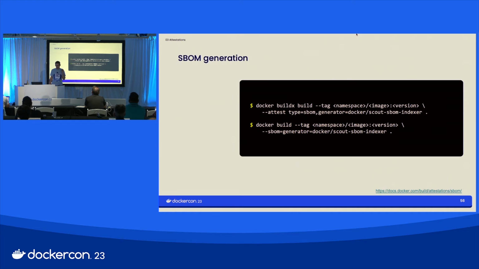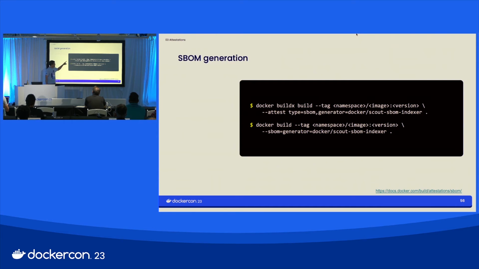When you build is when you have the most relevant, current, accurate information about what is going into that container image. So it's actually during the build, using BuildKit, which is the default builder now when you do a Docker build, and you add a command line argument.